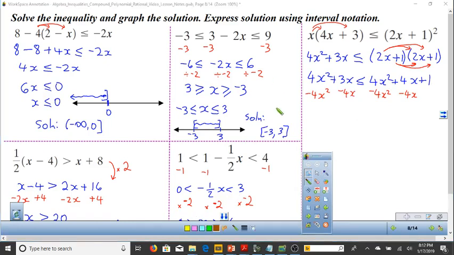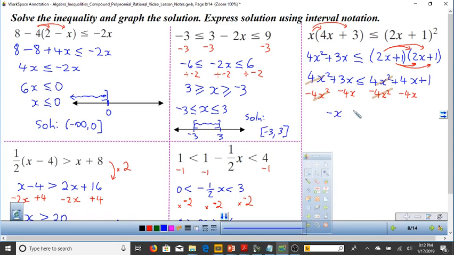As you can see, it turns out that the x squared terms cancel. And that leaves us with negative x is less than or equal to 1. And now to get x by itself, I simply divide both sides by -1, and the inequality reverses, and I end up with x is greater than or equal to -1.